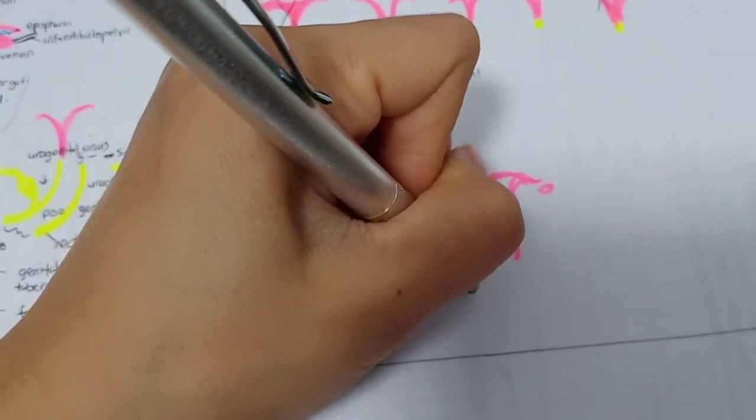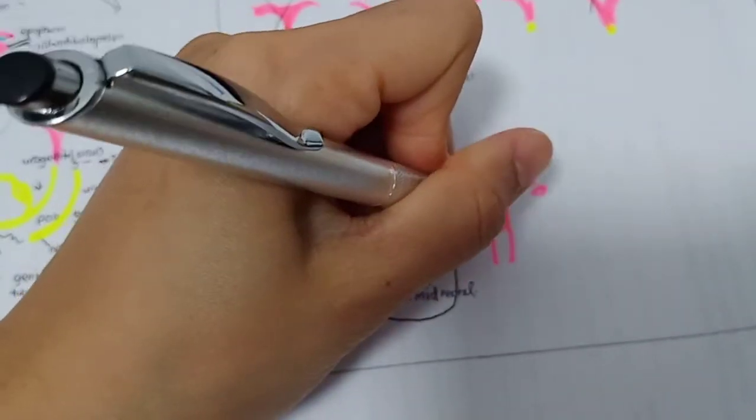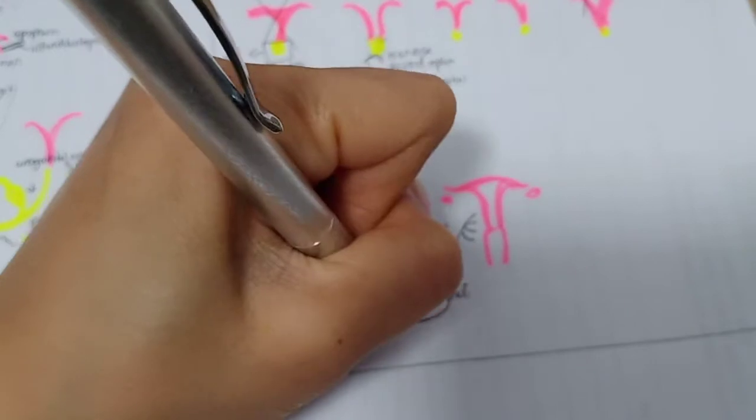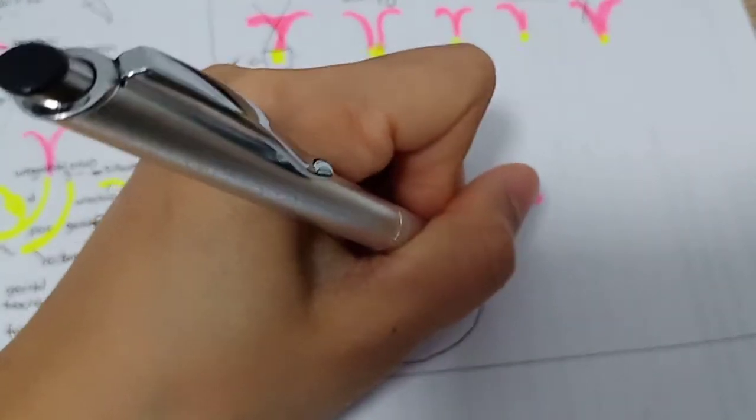After that, we have the middle rectal artery, and then we have the uterine artery, and we have the vaginal artery.